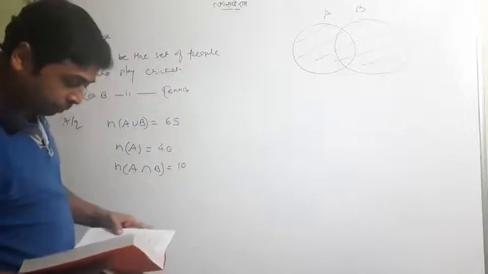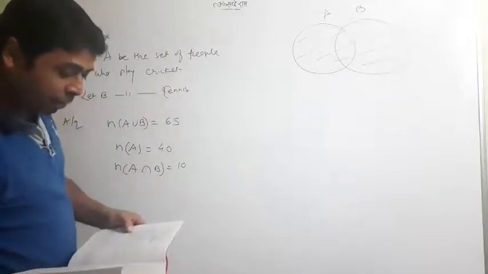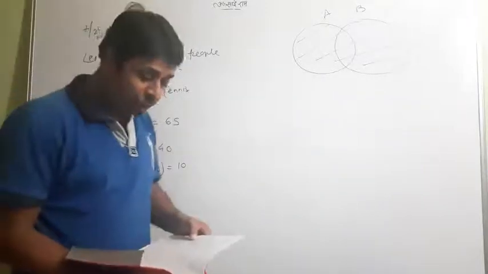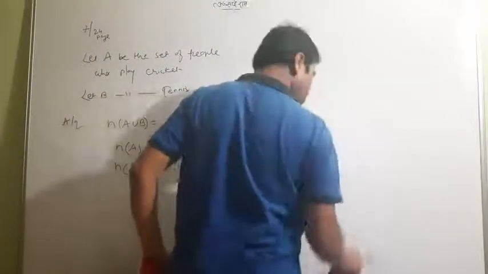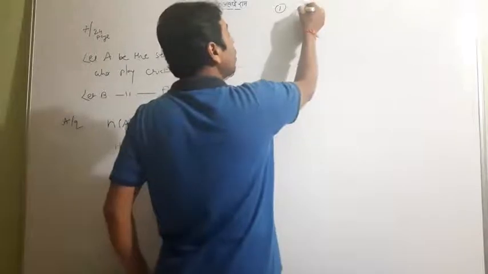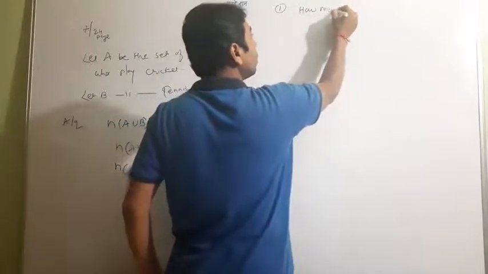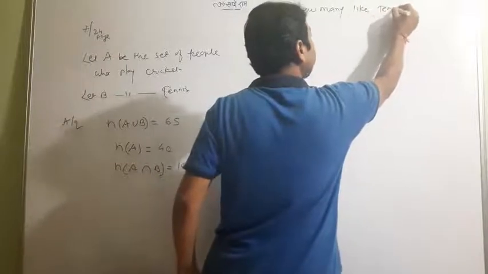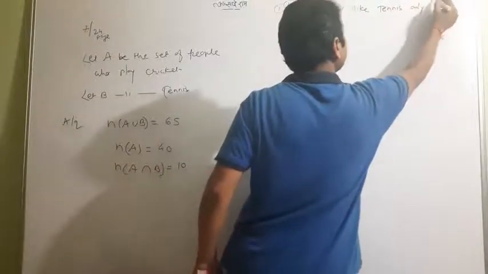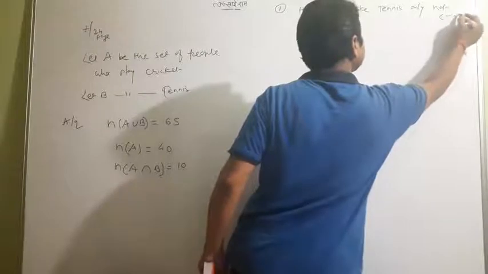What does the question ask? How many like tennis only, not cricket? Read the question carefully. It is a very important question. First question: how many like tennis only, not cricket? Very important sentence.